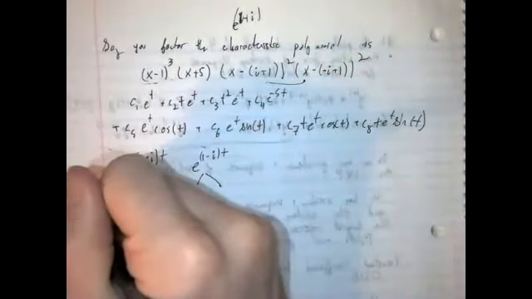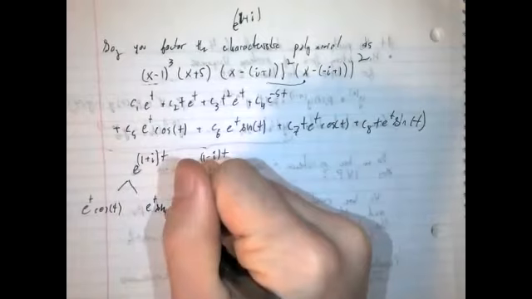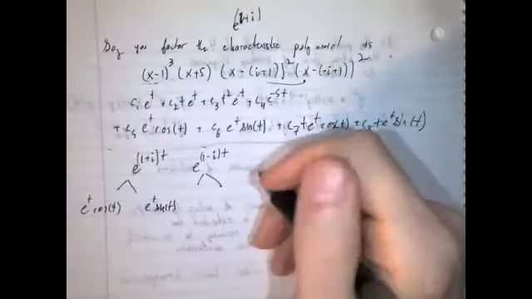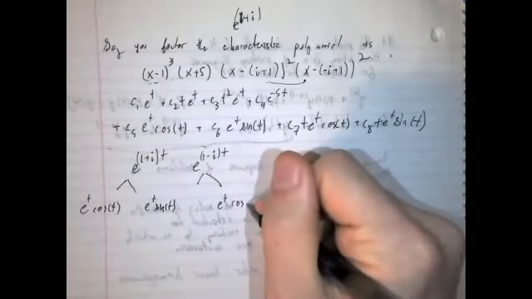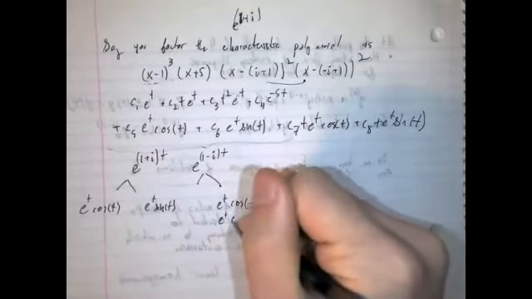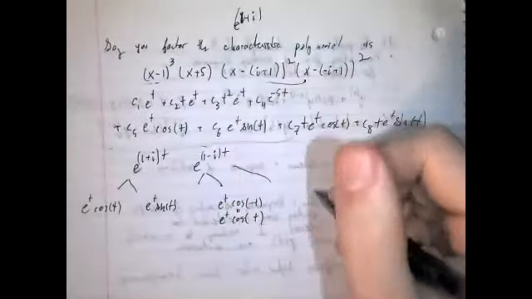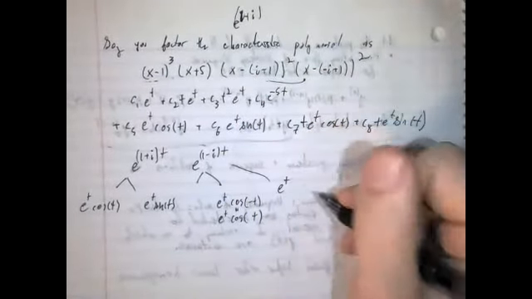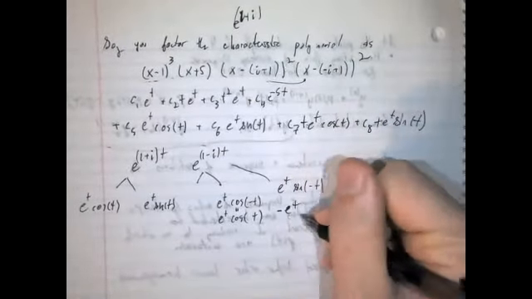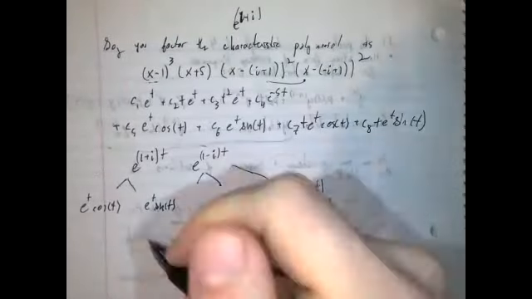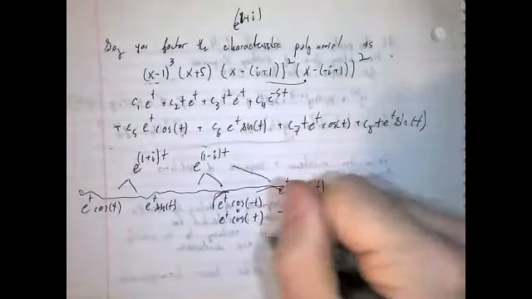The two real solutions here are e to the t cosine of t and e to the t sine of t. And then the two real solutions that I get here are once again e to the t, here I'll have cosine of negative t, but that's just the same as e to the t cosine of t. And over here, I'll have e to the t sine of negative t, which is the same thing as negative e to the t sine of t. So a priori, what I've got are four real solutions, right?